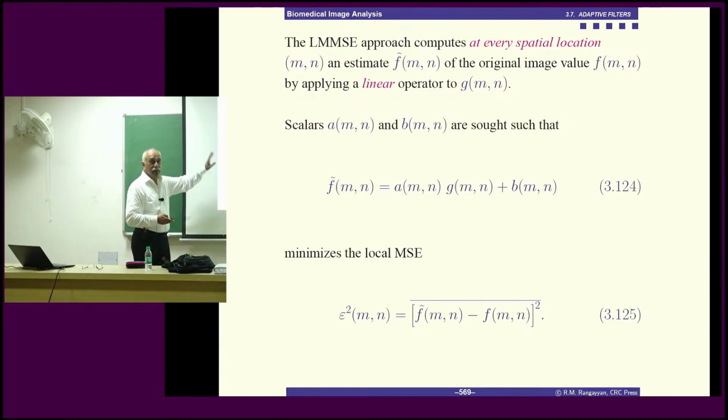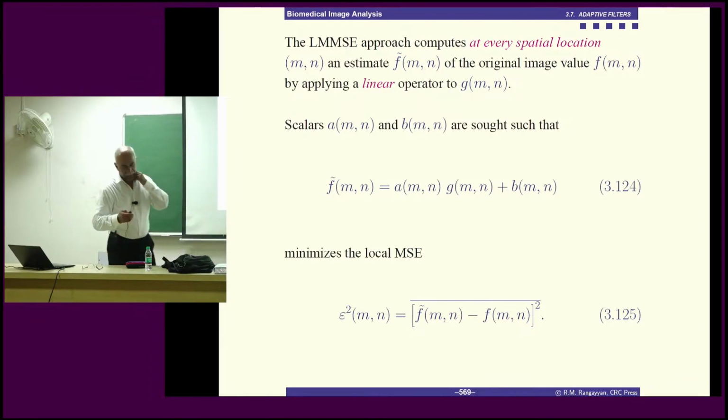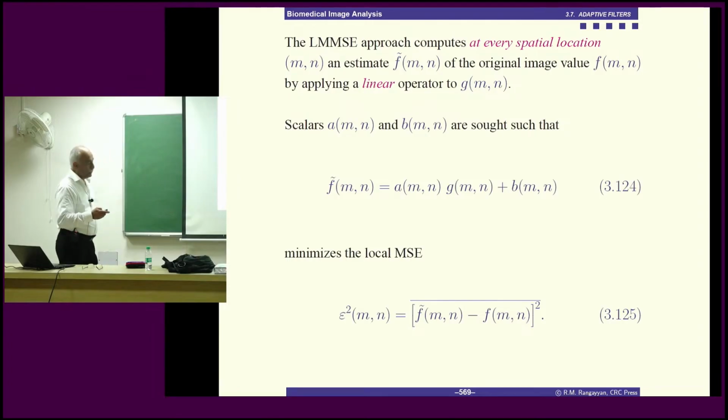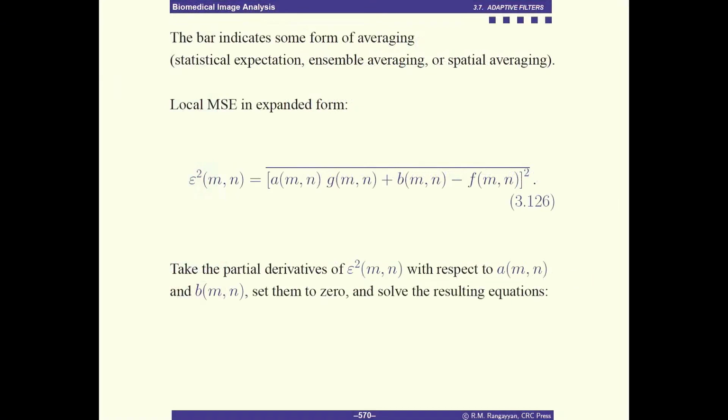Okay, the formulation, just AG plus B. A and B are two coefficients, but they're all functions of Mn. So this epsilon square is AG plus B minus F, squared, an average of that. Take the partial derivatives with respect to A and B and set them to 0.